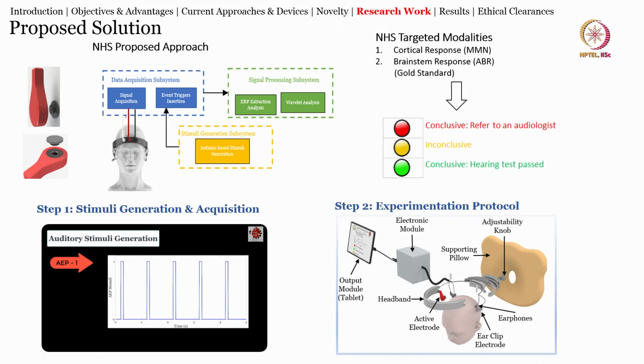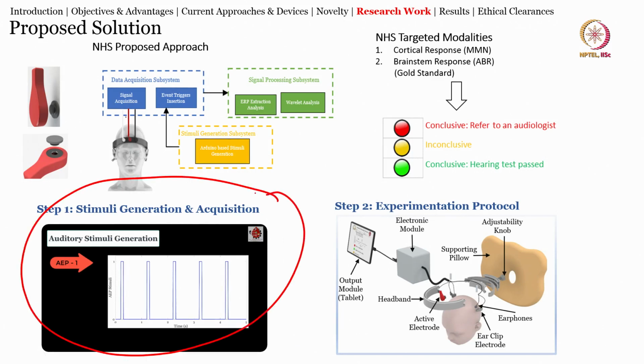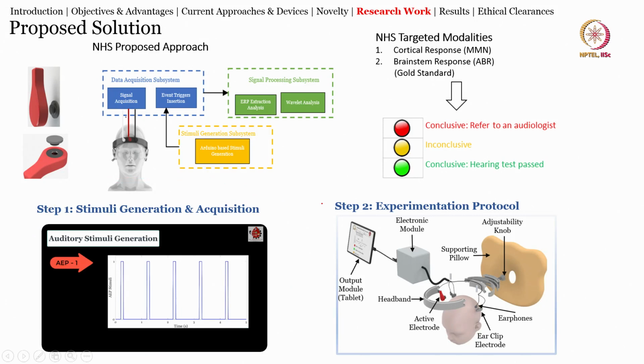Now we have seen how we can generate different auditory stimuli to capture the ABR, or to capture the mismatch negativity, AEP or P300. Here we are talking about only AEP, then MMN, and then P300. P300 is a positive peak at 300 milliseconds that arises for an unexpected event.